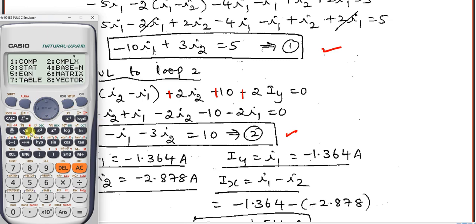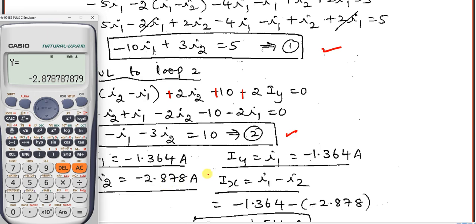So two equations. The first equation is 10, 3 equal to 5, and minus 1, minus 3, 10 is equal to 1. I1 is 1.36, I2 is minus 2.87.